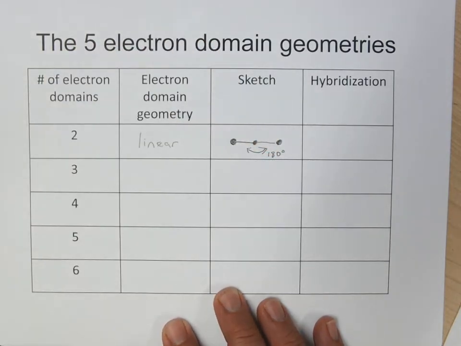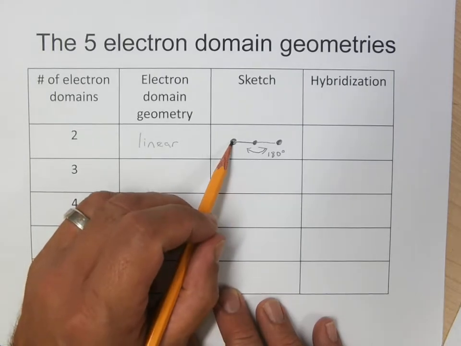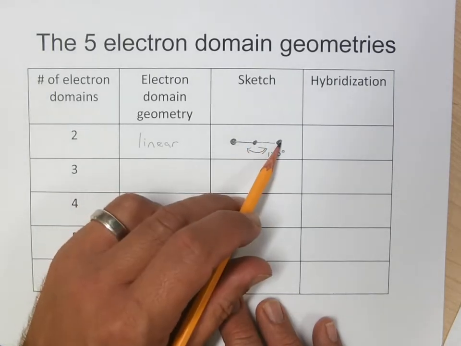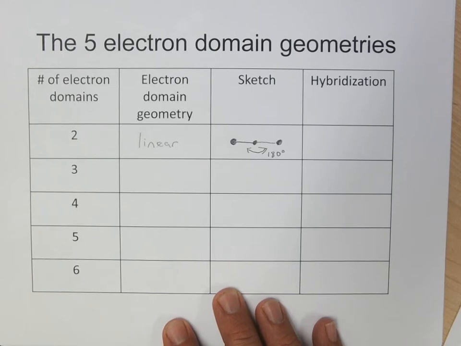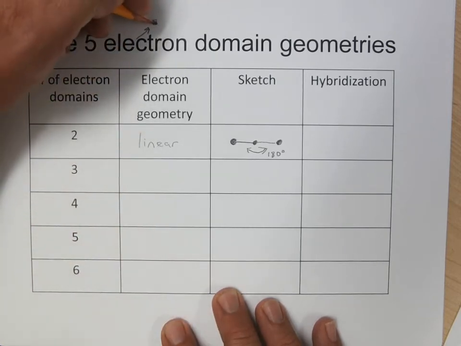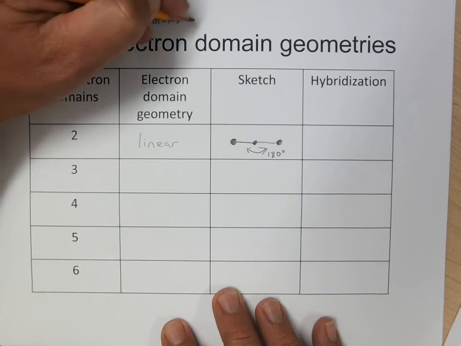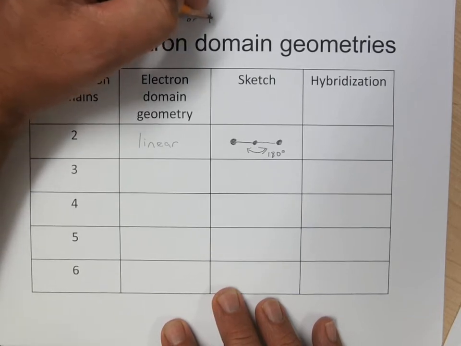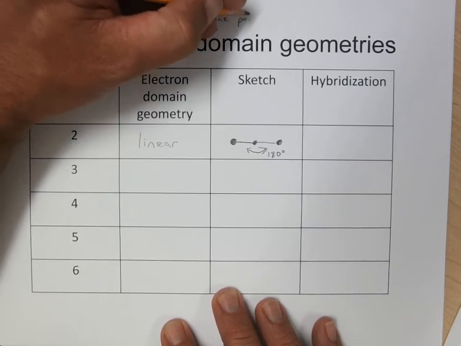So there's a linear structure, and the appropriate bond angle to describe a line is 180 degrees. And this can either be a lone pair or an atom, avoiding the other lone pair or atom. So that's a really important thing. The electron domains are either atoms or unshared pairs, or lone pairs of electrons.